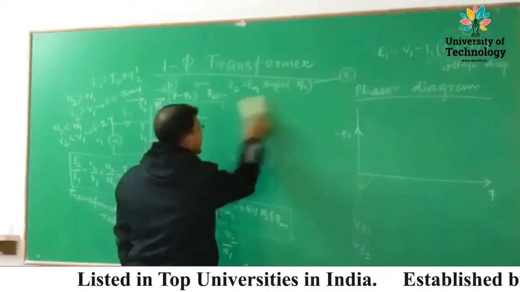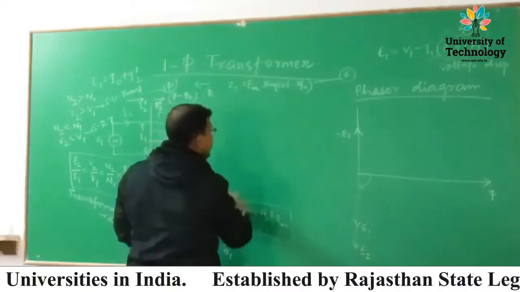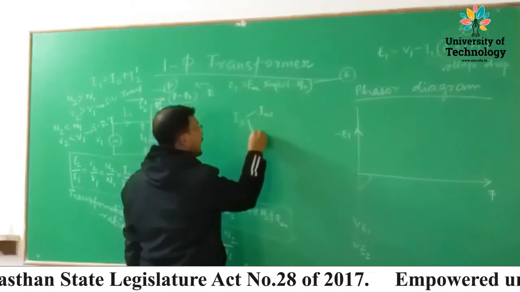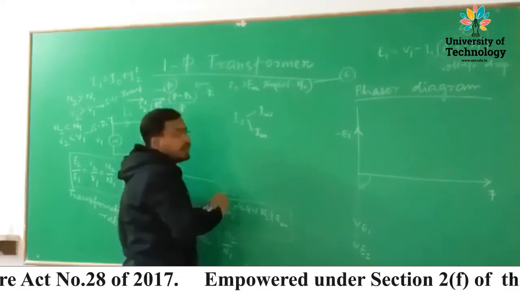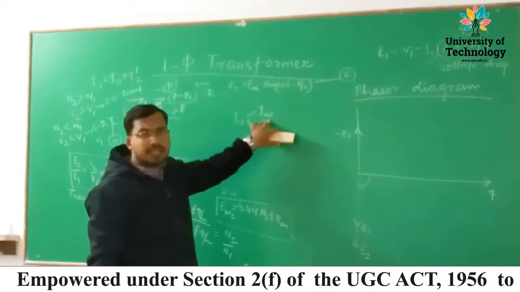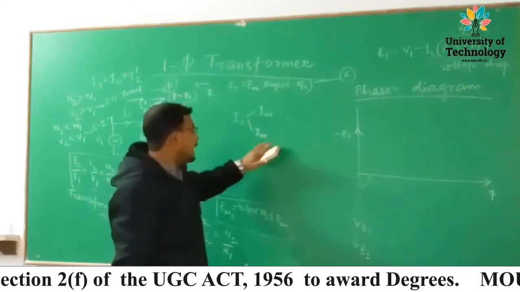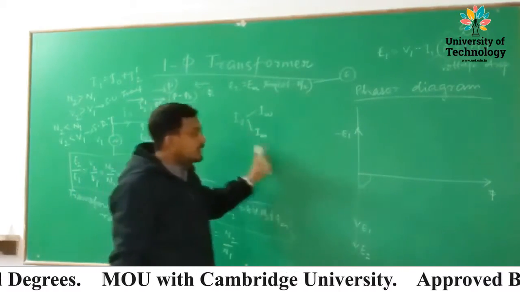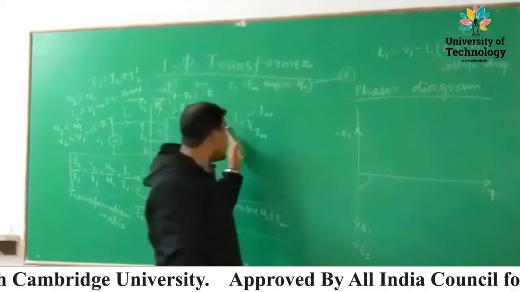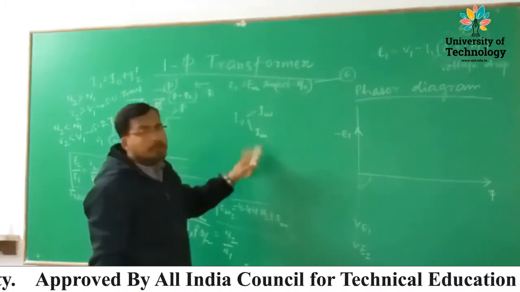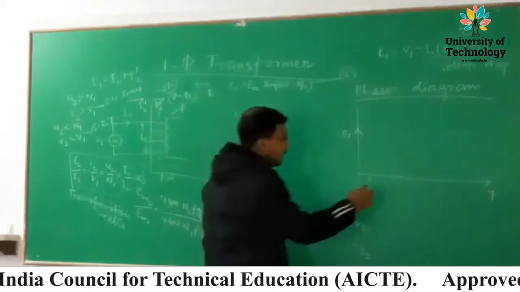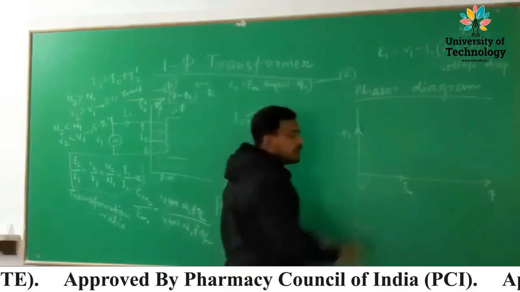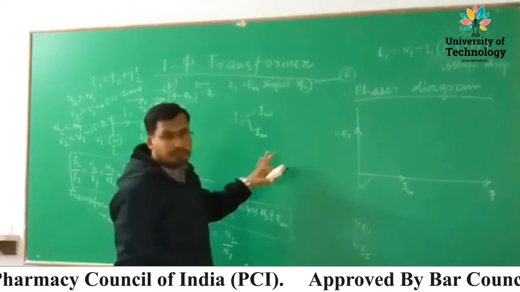Now this no load current is again divided into two components, IW and IM. What is IW? IW is the working component or the loss component and IM is the magnetizing component of the no load current. The flux which is produced is due to this magnetizing current. So we can draw the IM vector in the same phase as that of the flux.